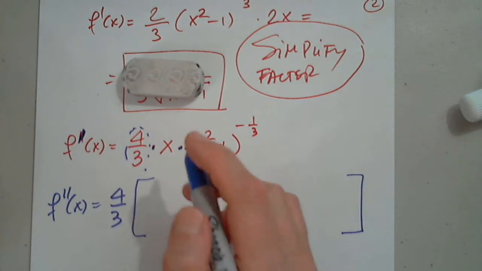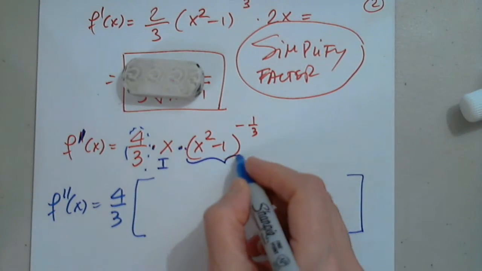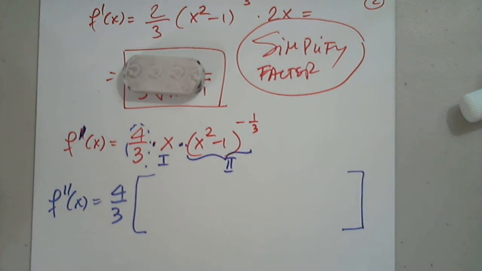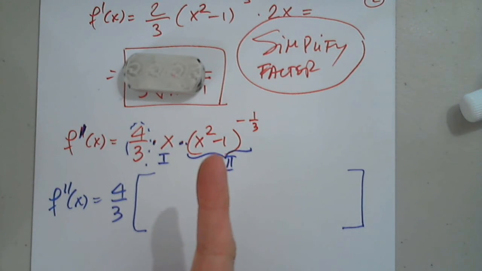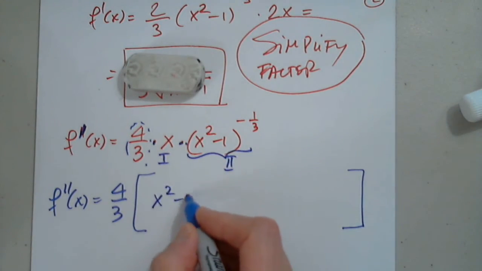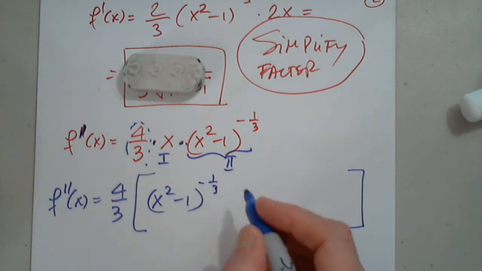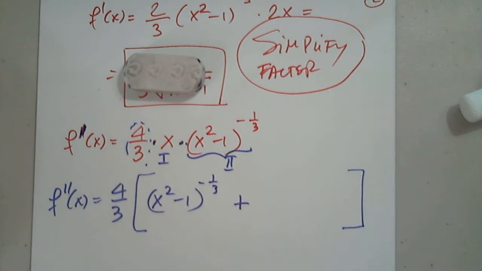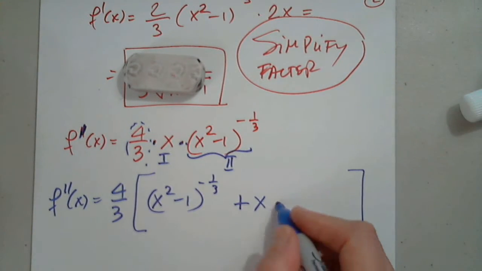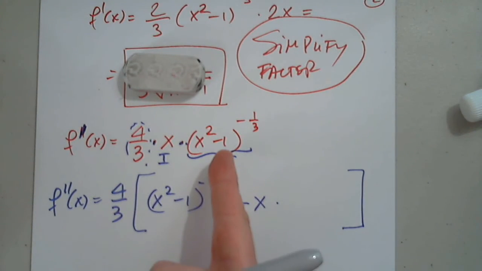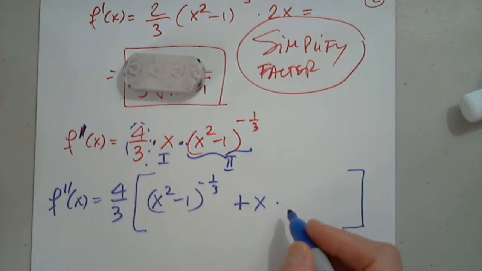It's a product now. This is the first function. This is the second function. I differentiate the first, and I get 1 times the second. Plus, that's what the product rule says: keep the first one untouched, times differentiate this. Bring down negative 1/3.